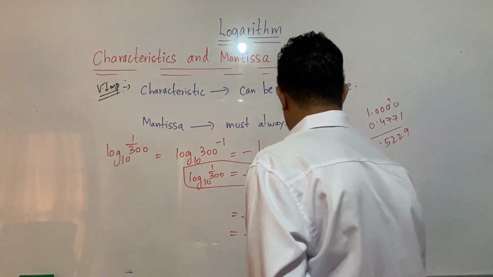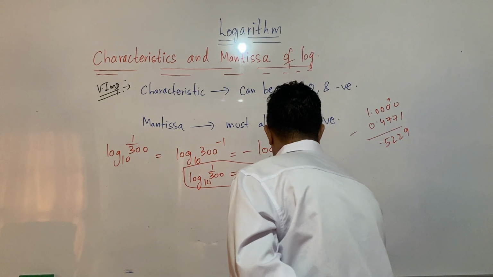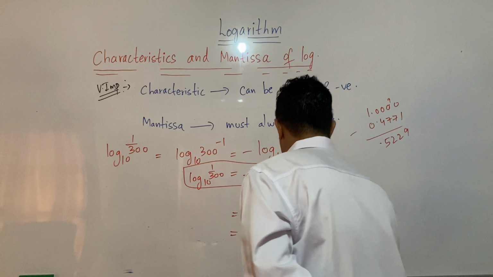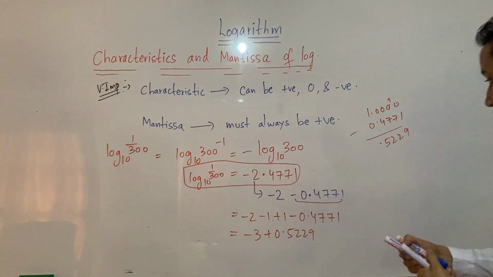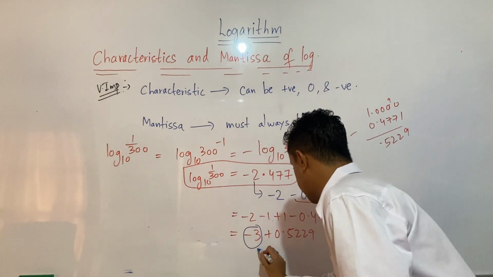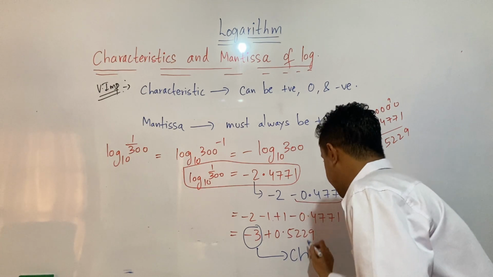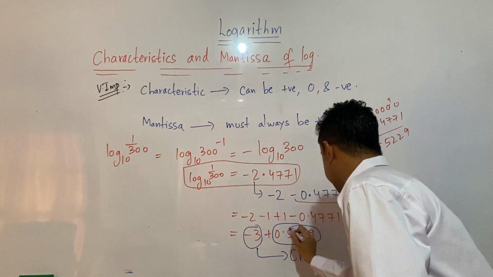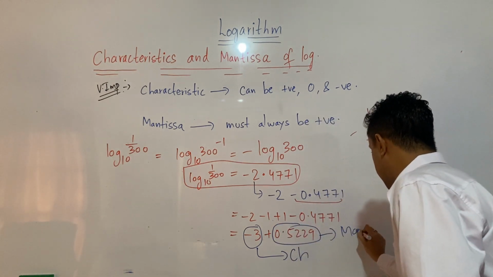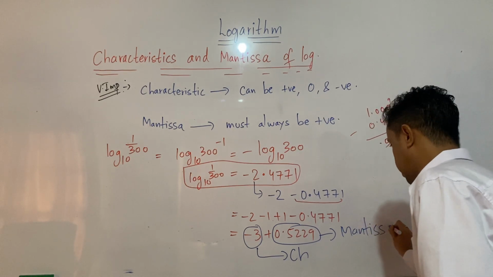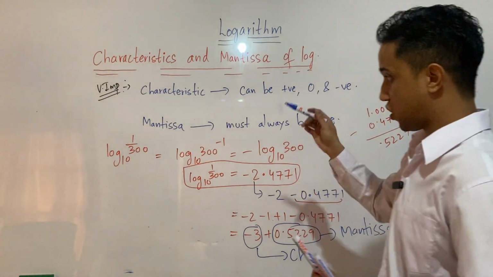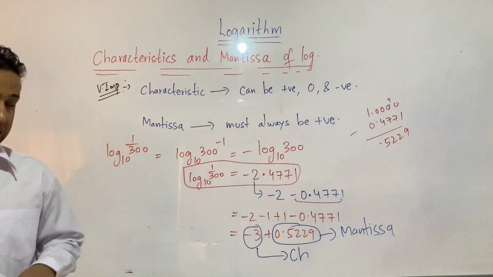So it's going to be plus 0.5229. This is your characteristic, and this positive part is your mantissa. I hope this concept of characteristic and mantissa is clear to you.